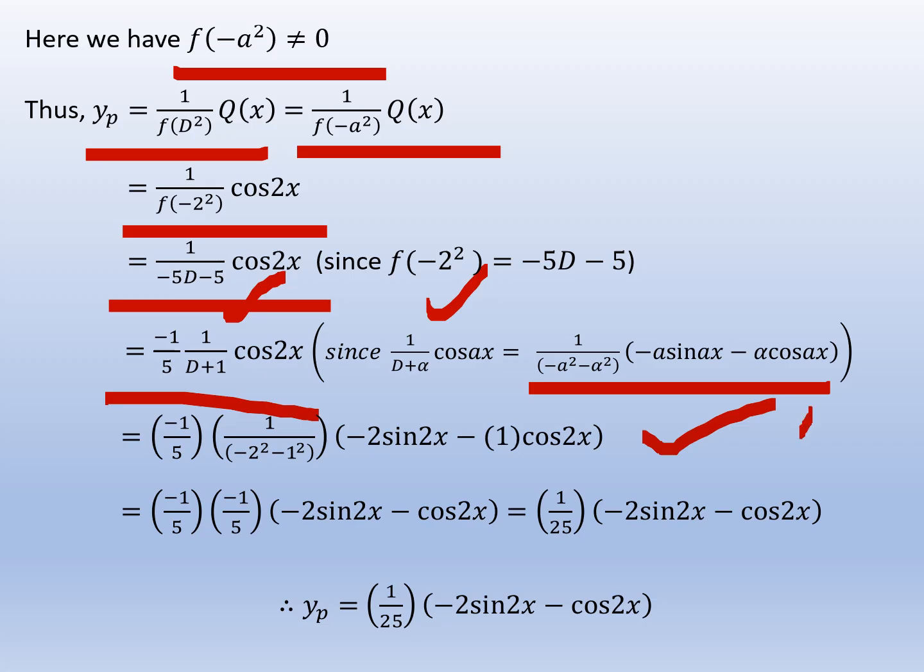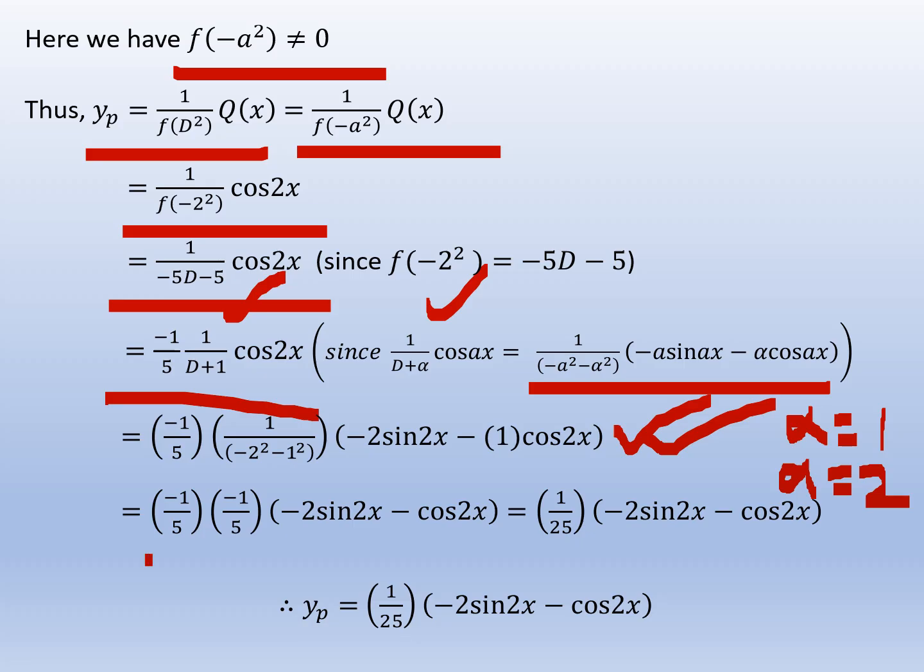Here alpha value is 1 and a value is 2. Thus we get the expression like this: minus 1 by 5 into 1 by minus 2 square minus 1 square into minus 2 sin 2x minus 1 into cos 2x.